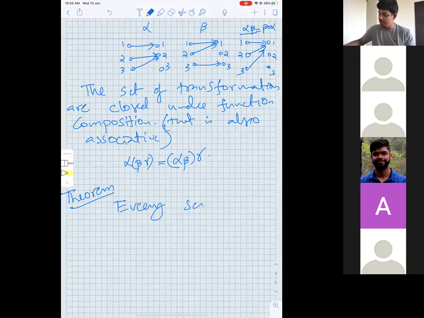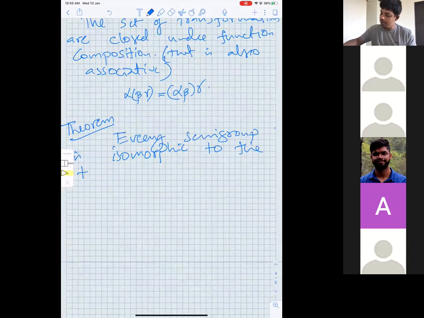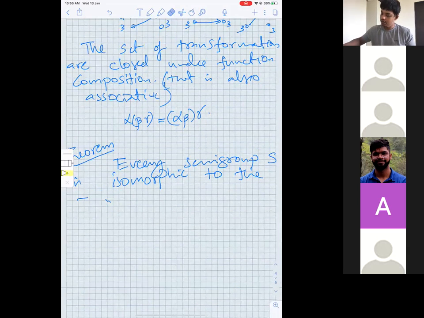Every semigroup is isomorphic to a subsemigroup of the transformation semigroup, transformations on S1.